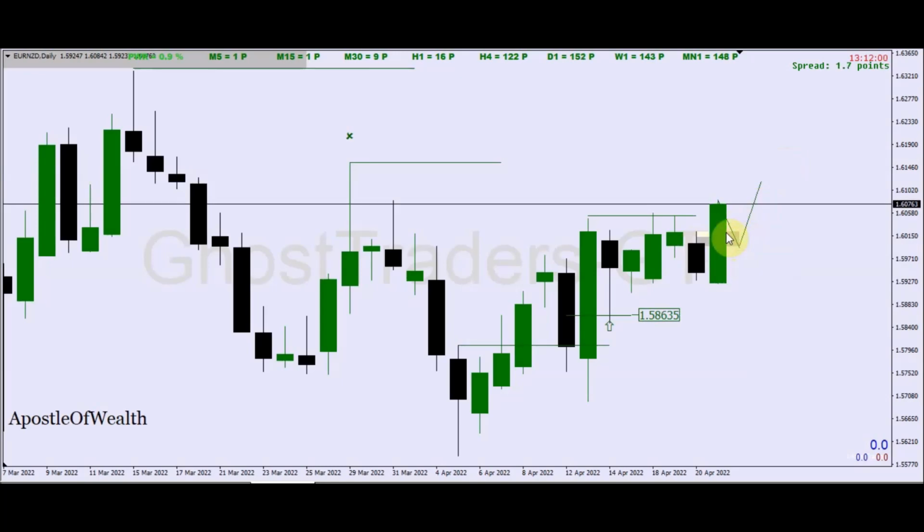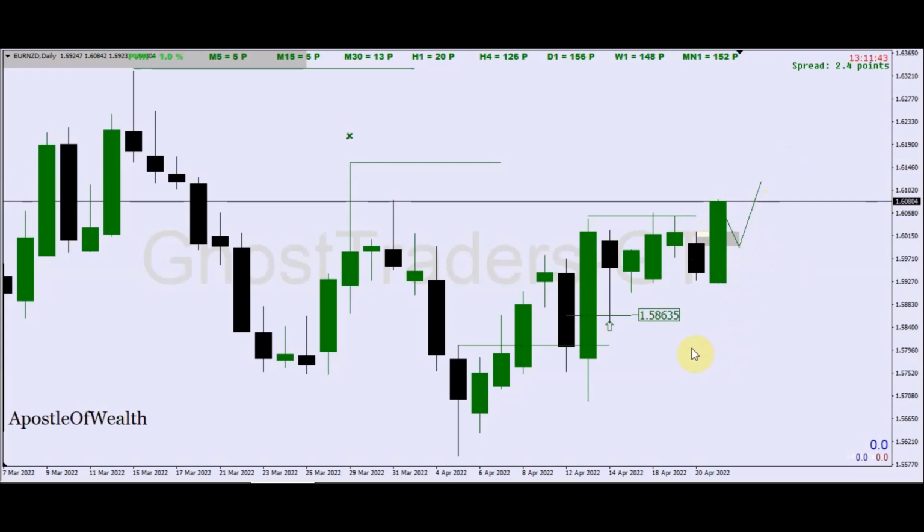So this can be your entry at this level here if price gives us one, but most of the time, 90% of the time, it gives us something like that, where it just retraces a little bit and gets to this level, and then it pushes up and continues in that direction. So you can actually have a re-entry here, or if you have a position, you still have your position here, what you can do is to partially close, and then you move your stop loss.